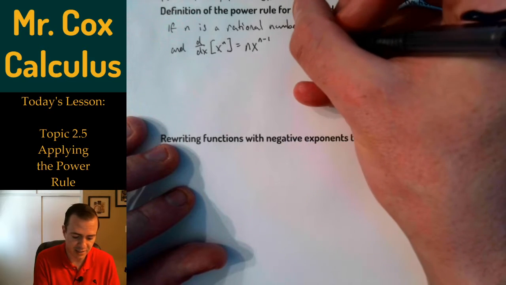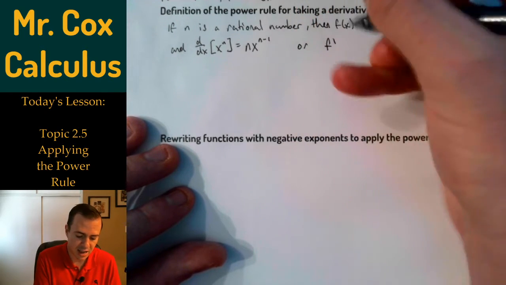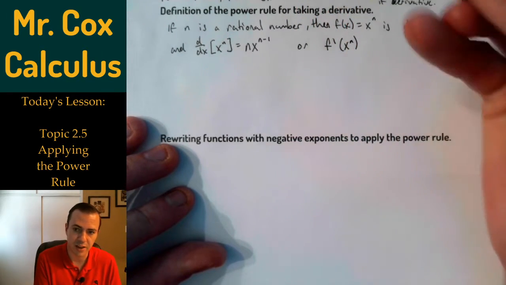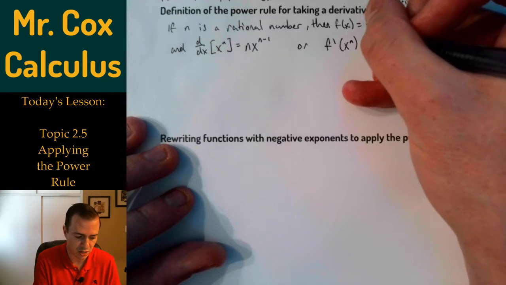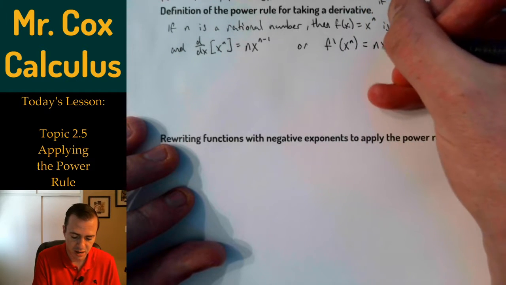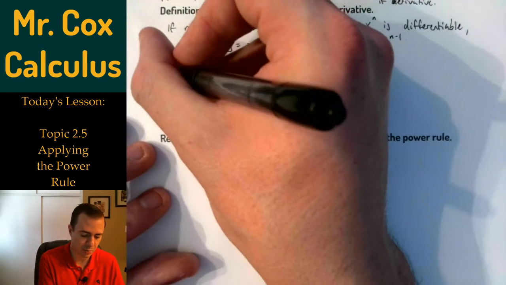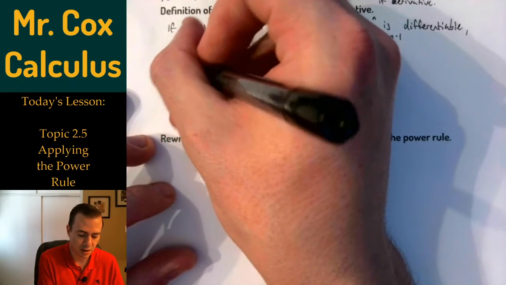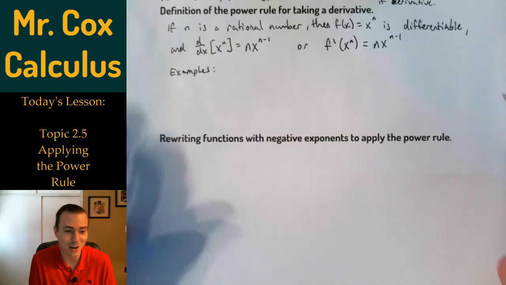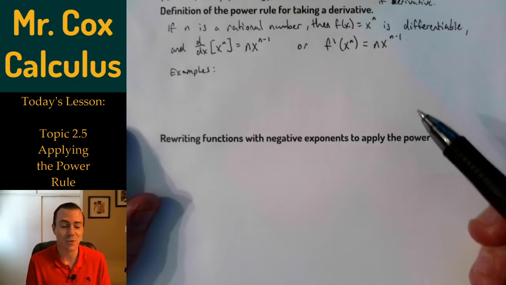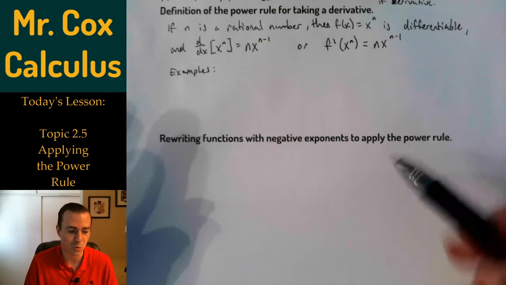The other thing that I can say is that the derivative of x to the n can also be written using Newton notation, but it comes out to be the same idea. So here's some examples, and you'll see very quickly that you're going to be flying around taking derivatives now if you understand how this power rule works.